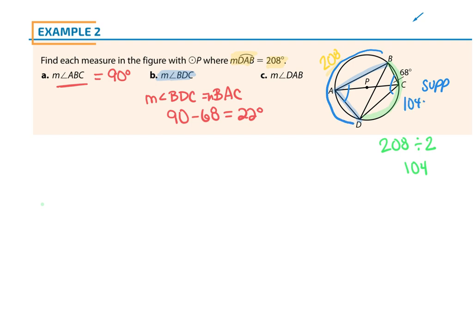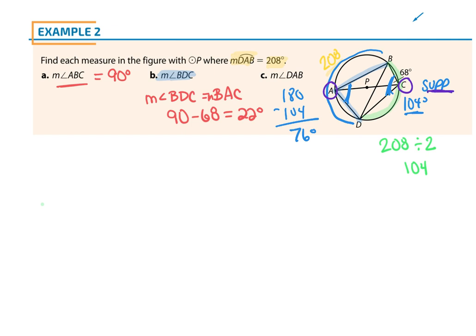We already figured that out earlier, right? And then I can subtract the measure across from that, and I should get what this one is because these are supplementary. So if I know this side is 104 and these two are supplementary, I can just subtract. Opposite angles of an inscribed quadrilateral are supplementary.